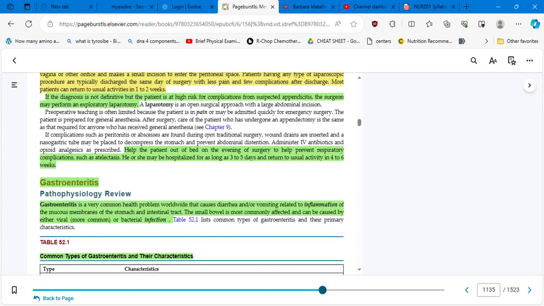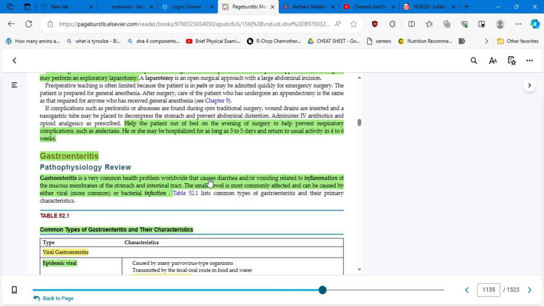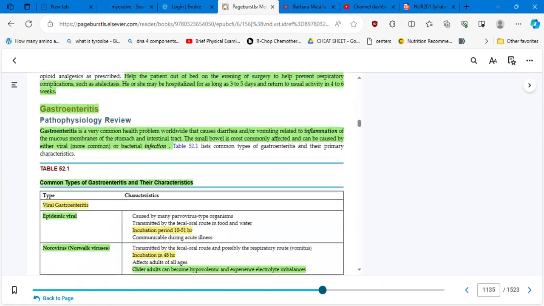Help the patient out of bed after the procedure on the evening of surgery to help prevent respiratory complications such as atelectasis. He or she may be hospitalized for as long as 3 to 5 days and return to usual activity in 4 to 6 weeks, right?